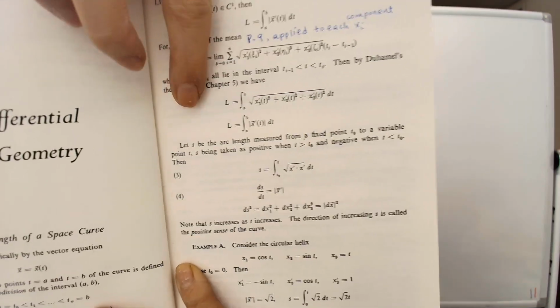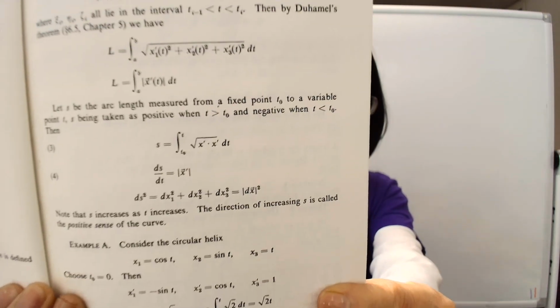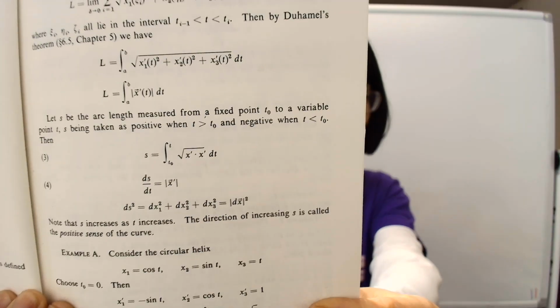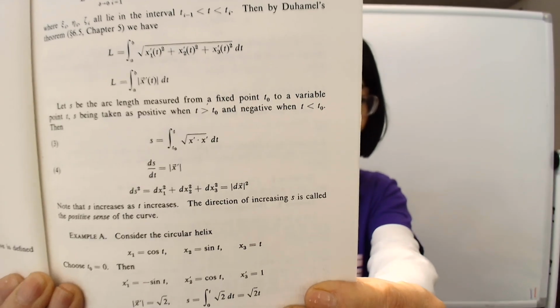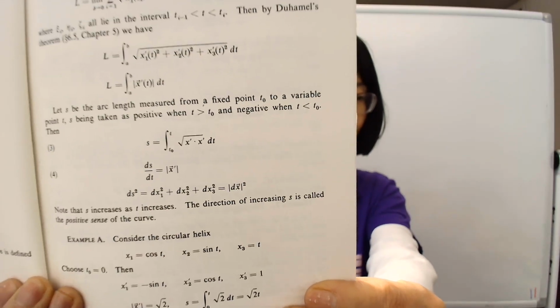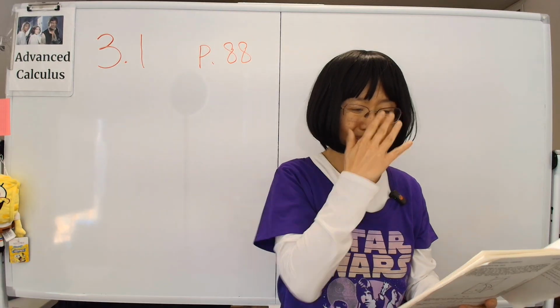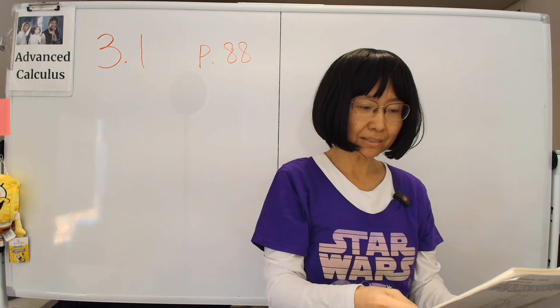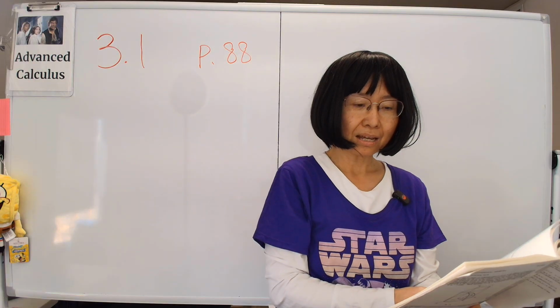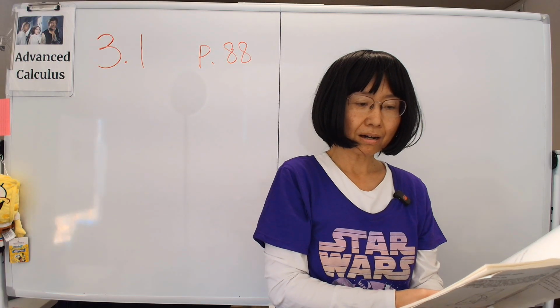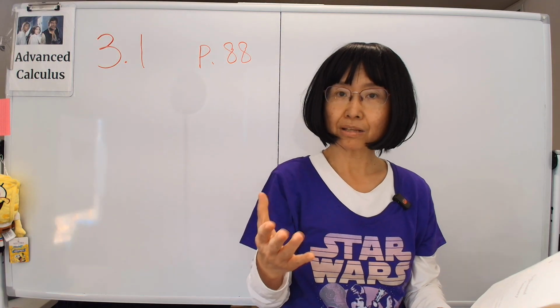So this, of course, equals the next theorem. Now the next thing we are going to do is the arc length. The arc length, of course, is defined from t0 to t of x prime dot itself.